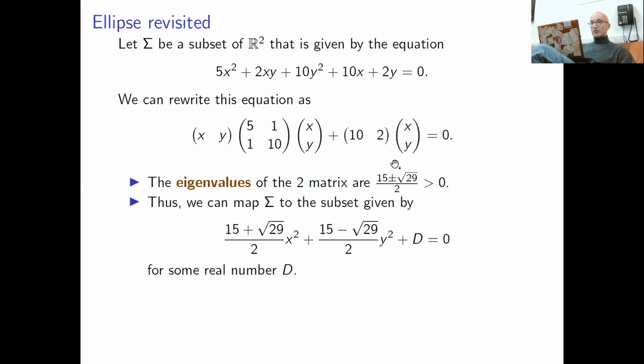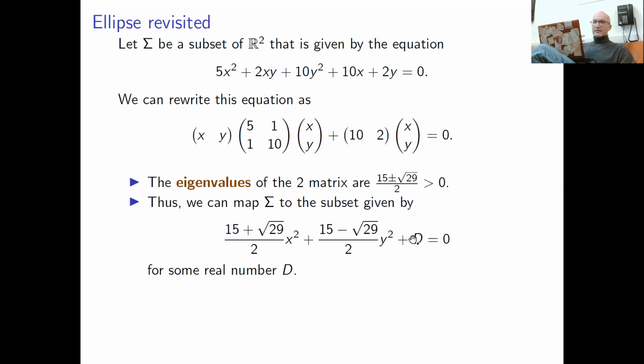Since the roots are both positive, the proof of our theorem tells me, if you remember how we proved our classification theorem, that after some rotation, my set, the set sigma, is going to be given by this equation, where this is the first eigenvalue, this is the second eigenvalue, and D is some number.